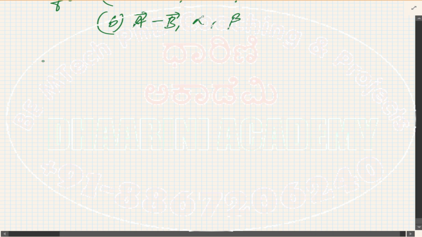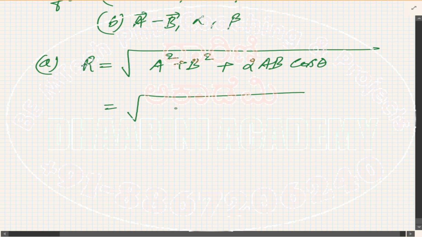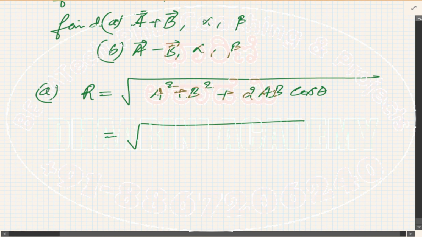Let's start with the solution now. How do you calculate part A? R is equal to root of A squared plus B squared plus 2AB cos theta. A is 3, B is 4.